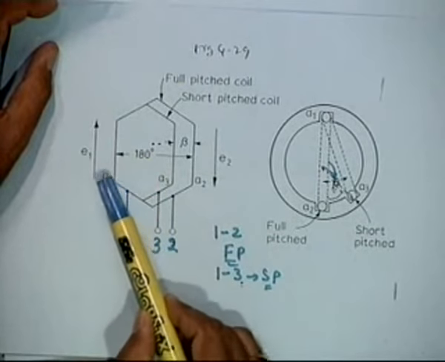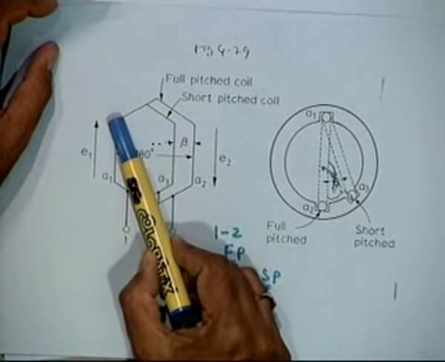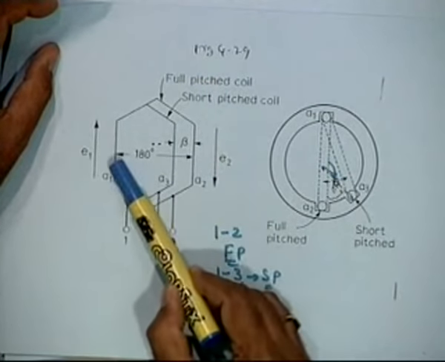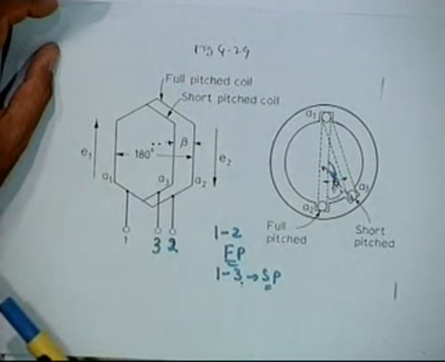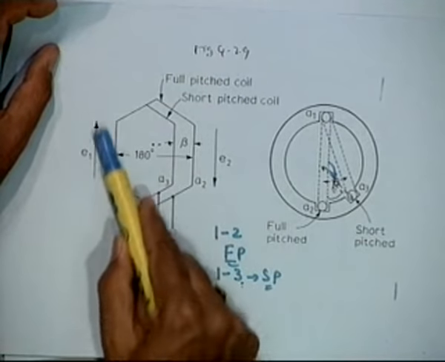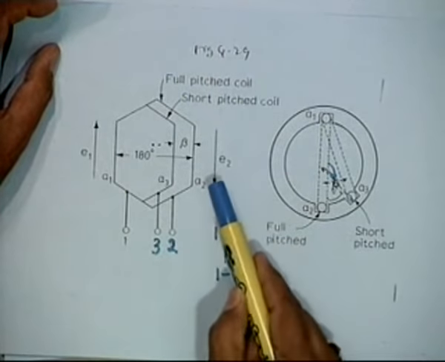So what you notice here is, if you have a full pitch coil, and the voltage induced in this coil side is E1 and this is E2, you expect them to be in phase, because if you show E1 like this and E2 like this, it will be in phase.